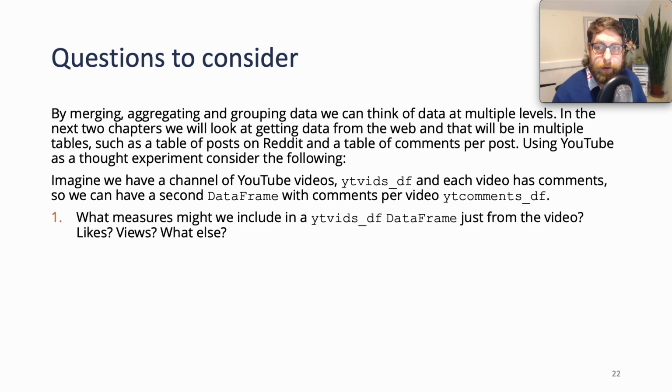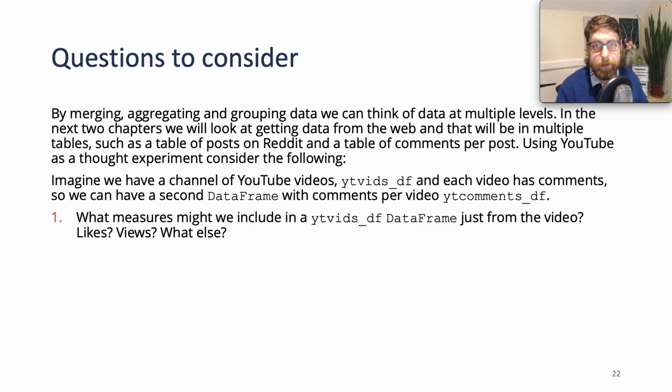Well, of course, we need one data frame because the unit of analysis is in the row, and the first one is videos. So it would have the video, its name, its URL, maybe the person who uploaded it, whatever. And you can have a second data frame with the comments. So you may have comments that are across multiple videos, but each comment is going to have its own features.